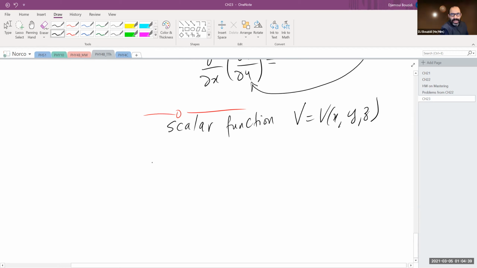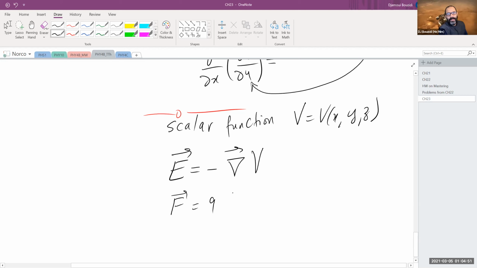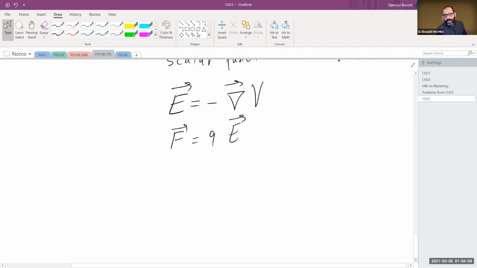If we can find that, so that E, the electric field, is written as minus the gradient of this function V, then since F is equal to QE, in the same token the work, or the energy, is going to be QV.